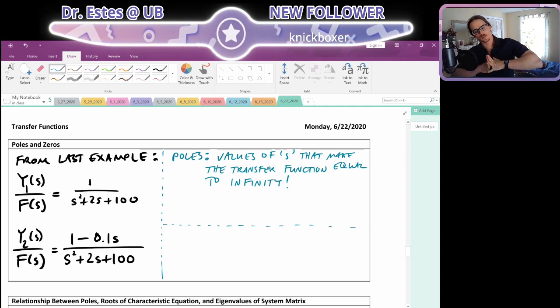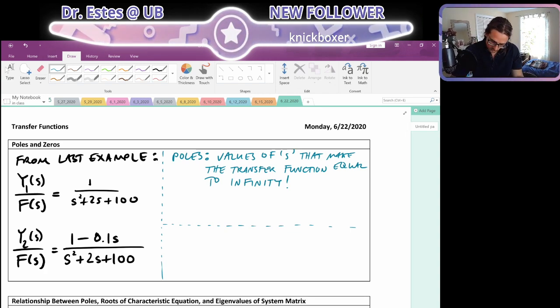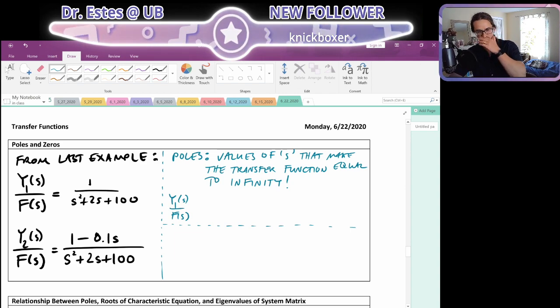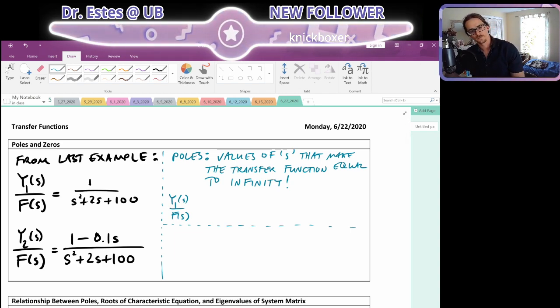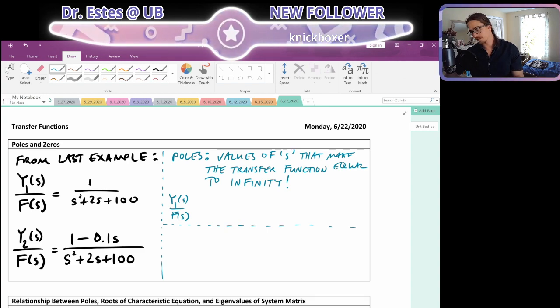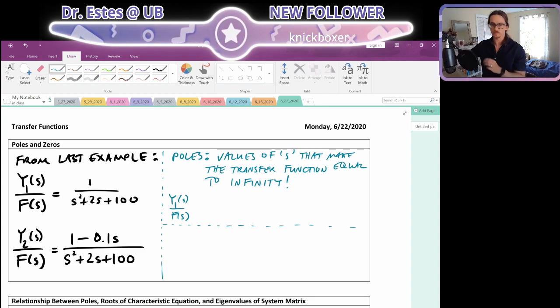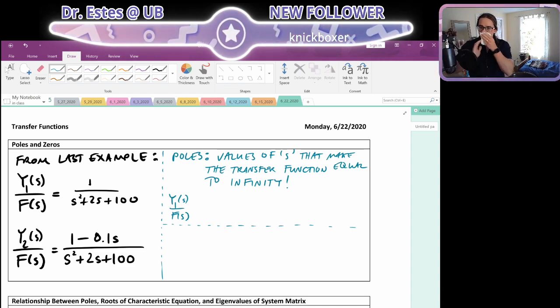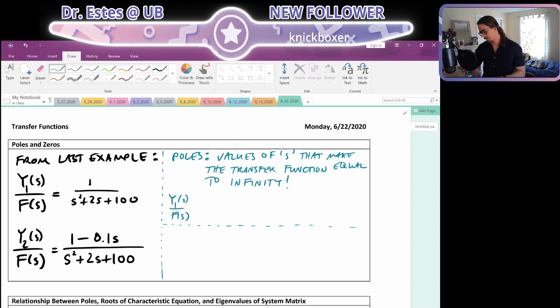Okay, so let's talk about this first transfer function, y1 of s over f of s. How can you make this transfer function equal to infinity? What values of s would you need to plug in? What would be your strategy for finding them?